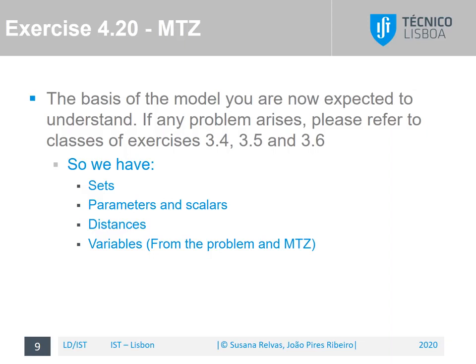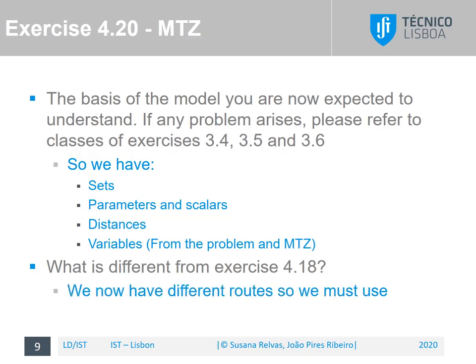But just to recap, we have sets, parameters, scalars. You have to calculate the distances and also the variables. Now, the only thing that changes is that we have variables from the problem itself that you already know, and also you must not forget the variables from the MTZ formulation.